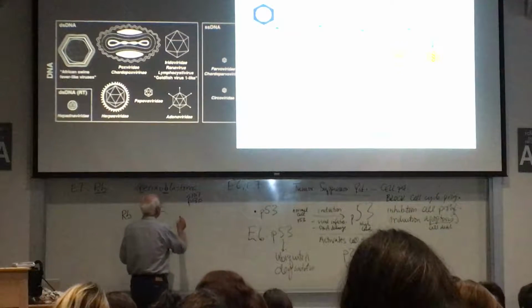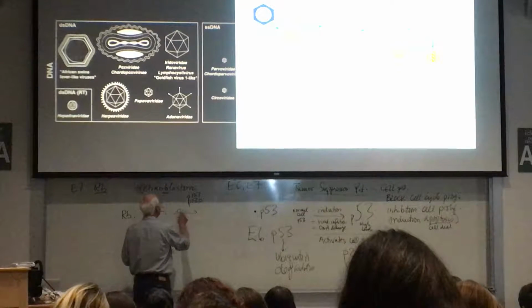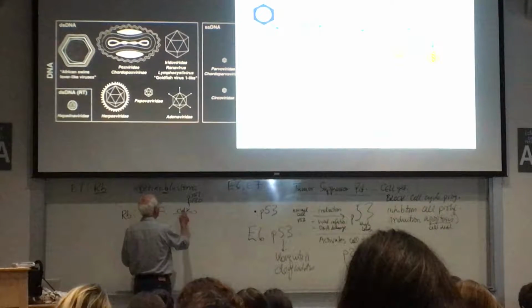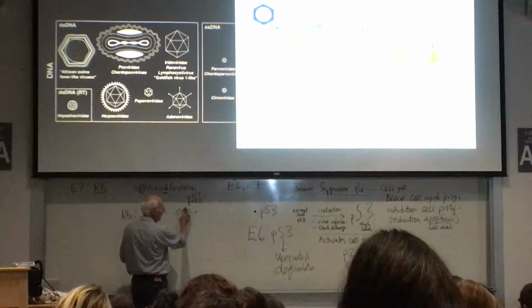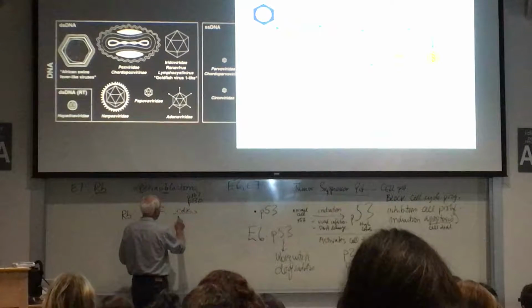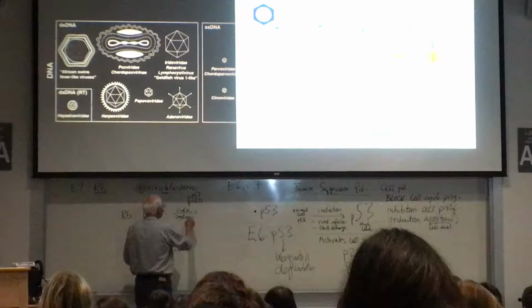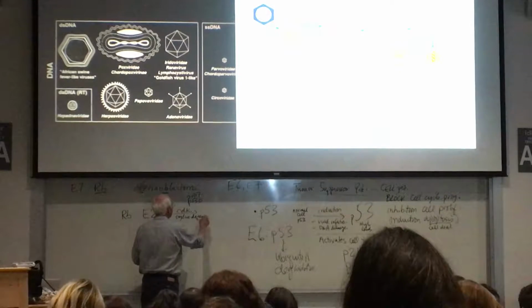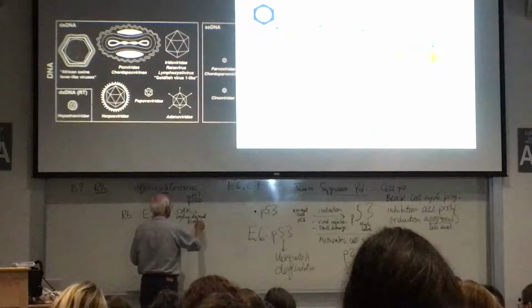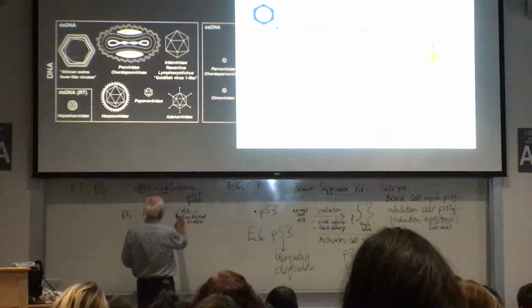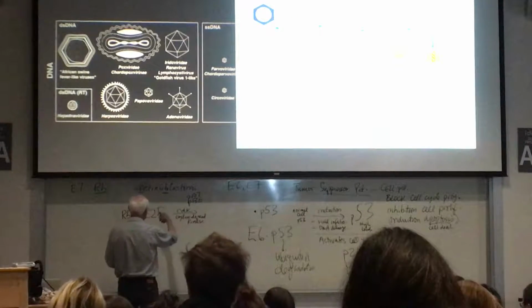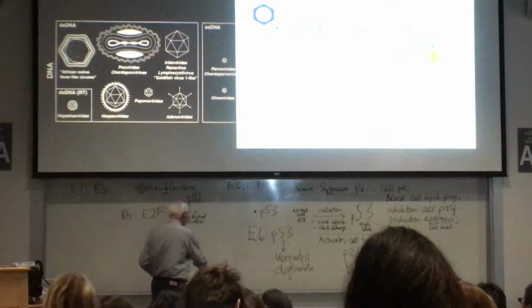And so there's a cyclin-dependent kinase, a CDK. CDK is a cyclin-dependent kinase, so it's an enzyme that's regulated by cyclin. It's a kinase that causes phosphorylation.